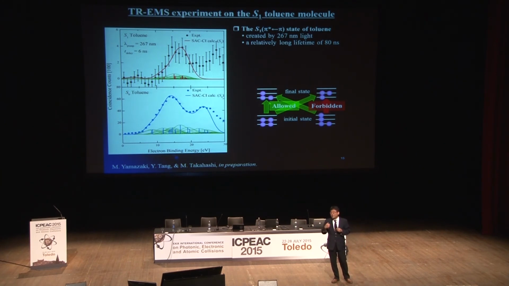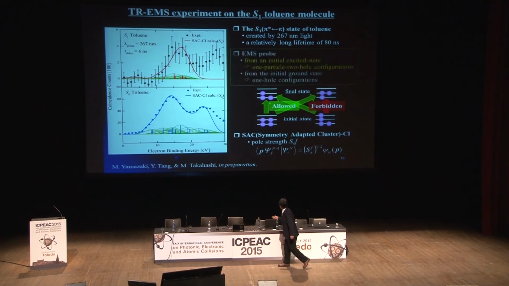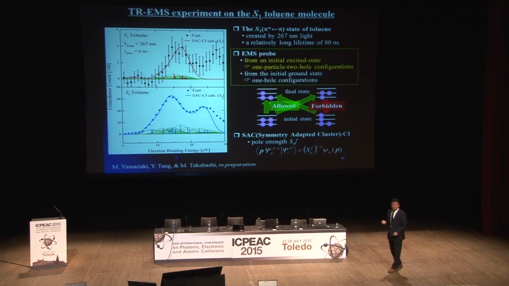Results of an analysis of this kind are shown in this figure, which has been generated by the symmetry-adapted cluster configuration interaction method. The vertical bars indicate pole strengths, that is, the probability of finding a one-hole configuration in the final ion state.